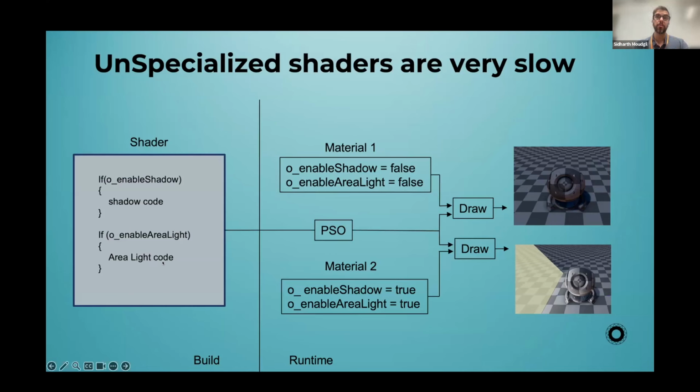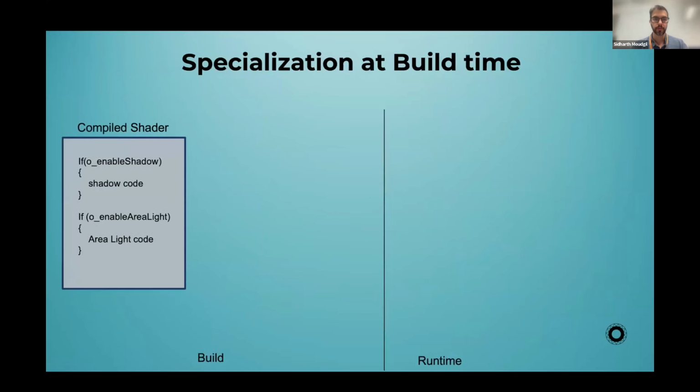That means that downstream you can't launch as many threads. You'll launch fewer threads, it will be less parallelized, and there's less throughput. So the draws associated with material one are going to be much slower than draws associated with material two, which actually needs to use these features and needs all the registers for it. So they'll both have the exact same cost, even though the first material doesn't even use these features.